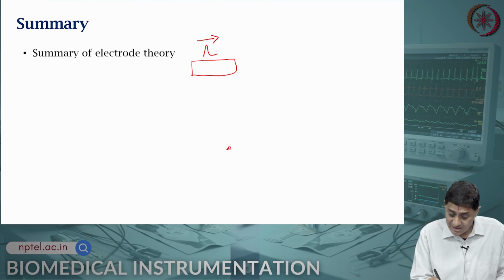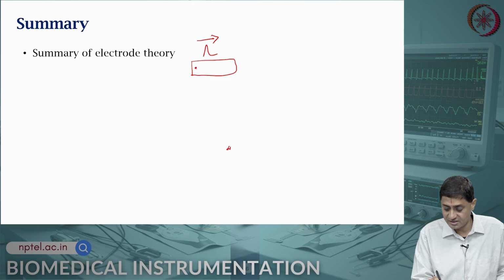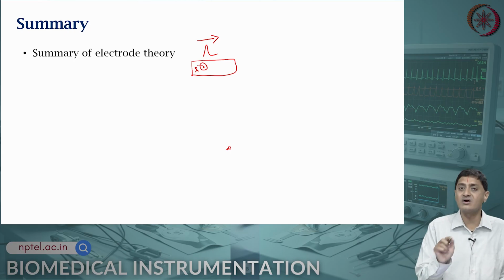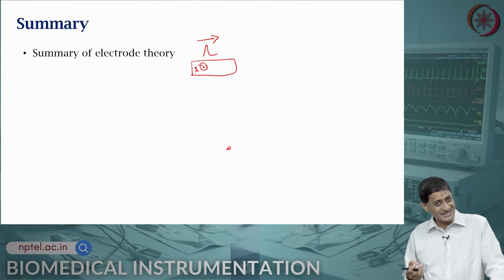Now, if I place an electrode here and an electrode here, the activity that is happening here will also partially affect the activity that is happening here, because of the conductive nature, because the muscle is an excitable cell, right.